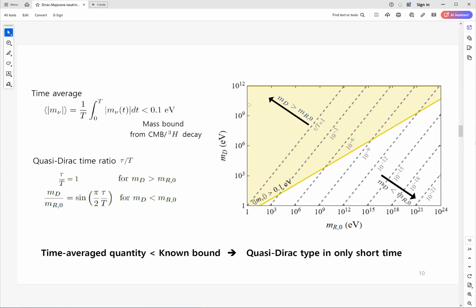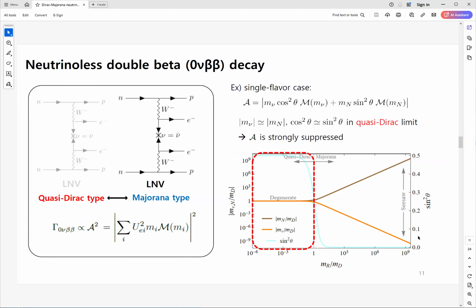The left upper region corresponds to the Dirac mass being larger than M_R0, and the right side corresponds to the Dirac mass being smaller than the oscillation amplitude. The surviving blank region represents that only a short pseudo-Dirac time is allowed. So such short pseudo-Dirac type constraints come from the time average analysis.